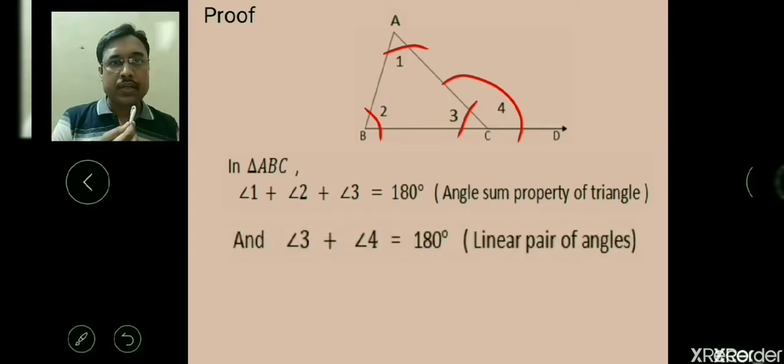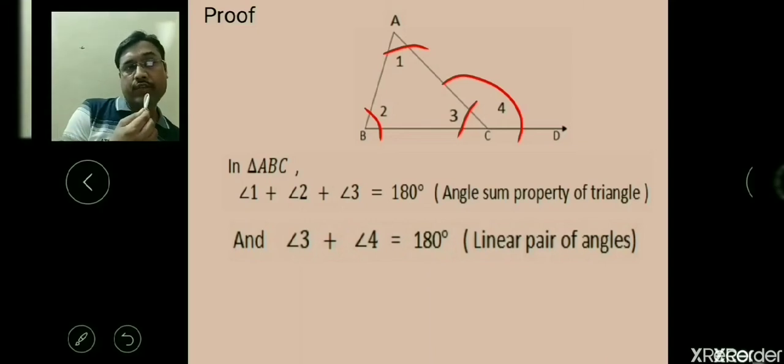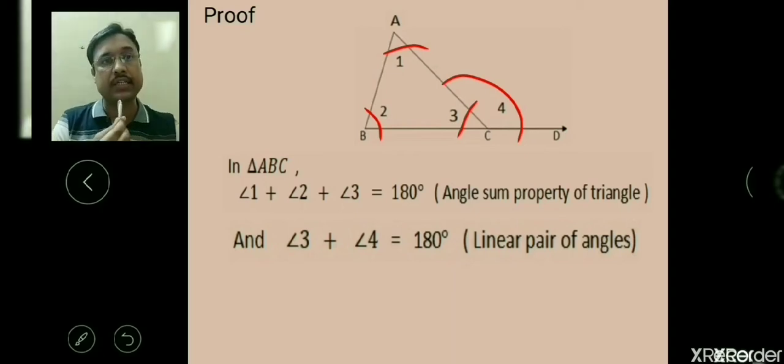Then angle 3 plus angle 4 equals 180 by linear pair, because angle 3 and angle 4 are adjacent angles where the vertex C is common and the side CA is the common side, and the two non-common arms, CB and CD, are opposite rays.